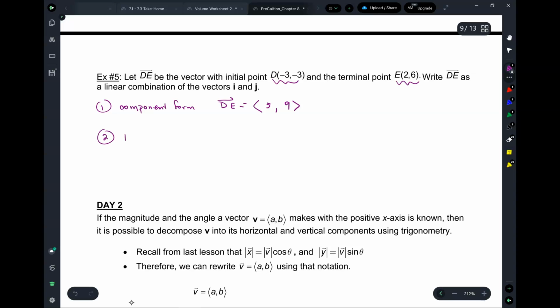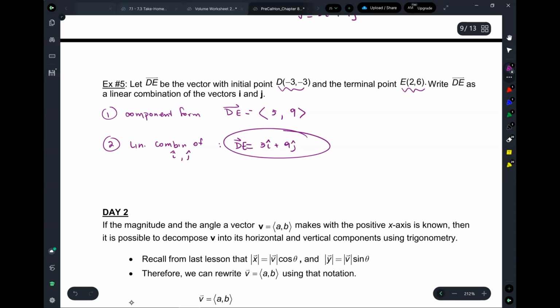So as a linear combination of I and J, DE is 5I plus 9J.